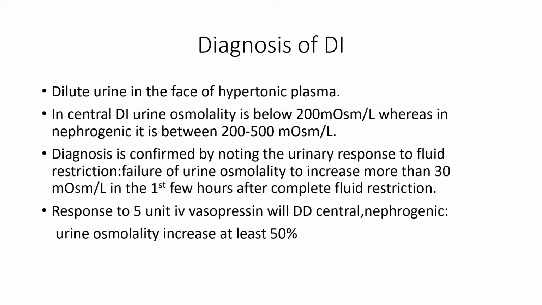Of course, in central diabetes insipidus, urine osmolarity increases at least 50%, which is not the case in nephrogenic diabetes insipidus.